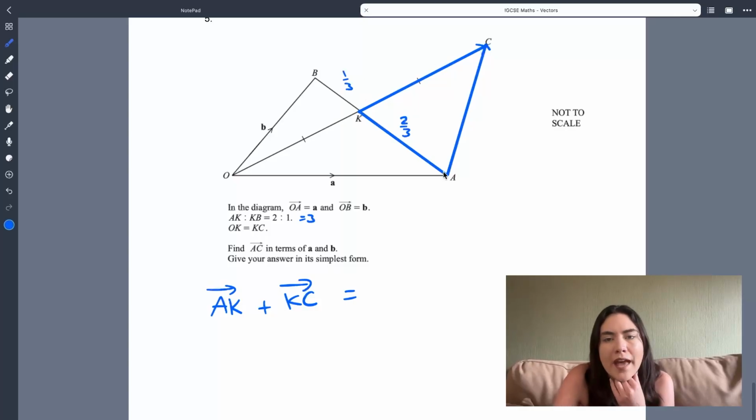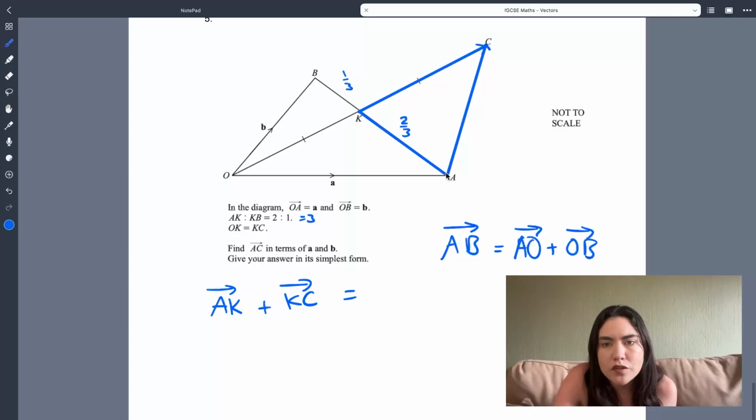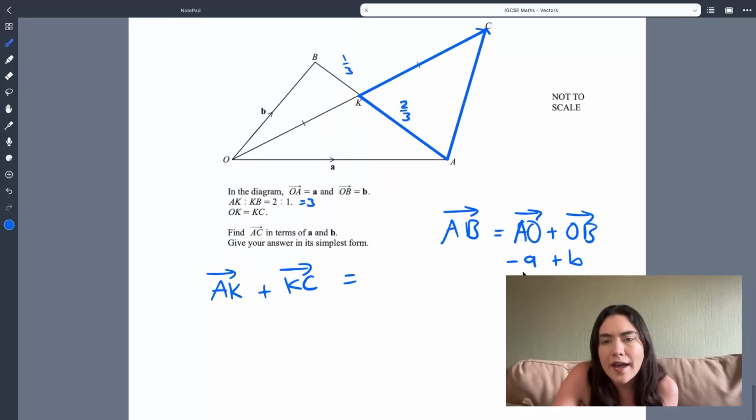So, A to K. Now, we know that it's 2/3, but it's 2/3 of what? Well, it's 2/3 of A to B. So we now need to find A to B. A to B is going to equal A to O, then O to B. Now, A to O is going in the opposite direction of the arrow, so it's minus A, and then O to B is going in the same direction as the arrow, so it's plus B. If you don't want to have this negative and positive, we can swap them around, but you don't have to.